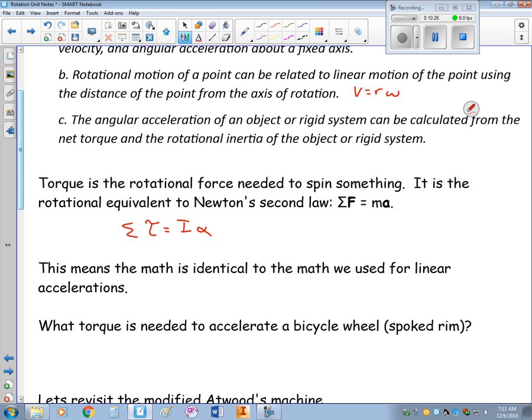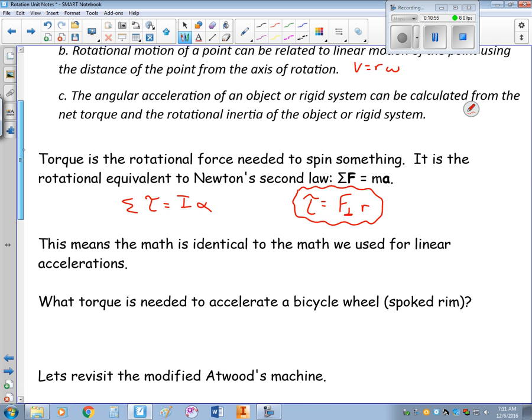So torque, tau, we use the Greek letter tau for torque, is the rotational equivalent of force. I'll talk about this a little later, but we can also find torque as a force times a perpendicular lever arm distance, and that's important to know also.